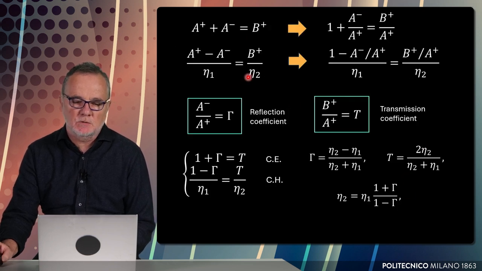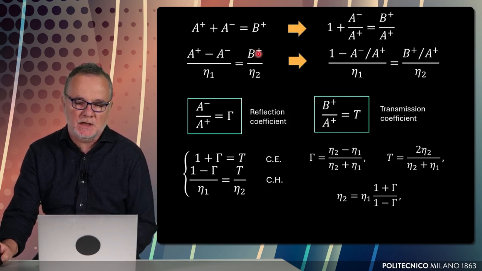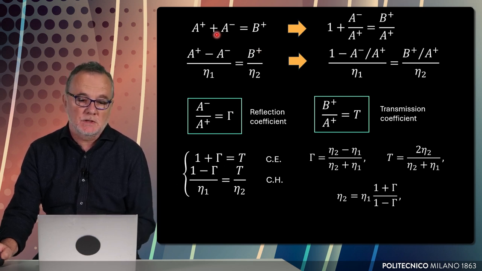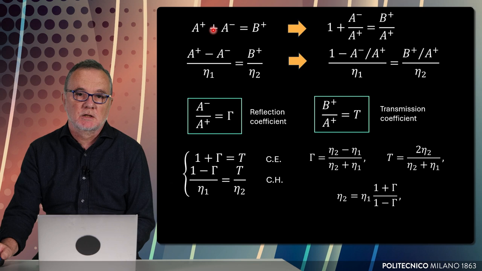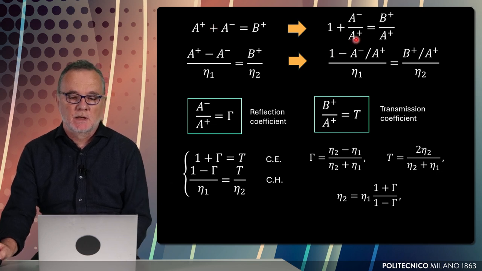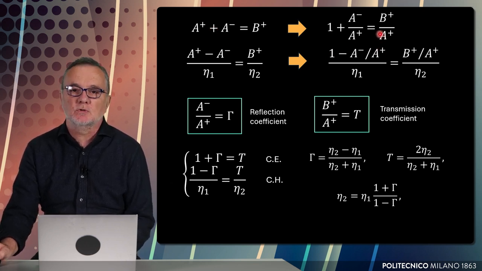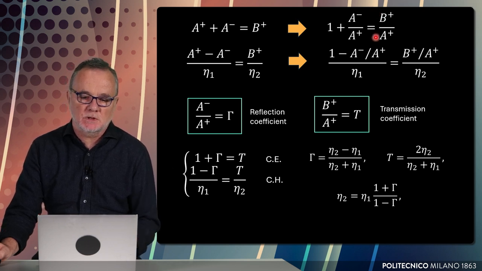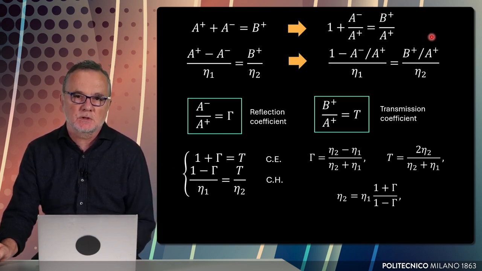Everything is proportional to the amplitude of the incident wave, so we can divide by the amplitude of the incident wave and obtain two relationships between two coefficients. The first coefficient is the ratio between A minus and A plus. The second coefficient is the ratio between B plus and A plus.